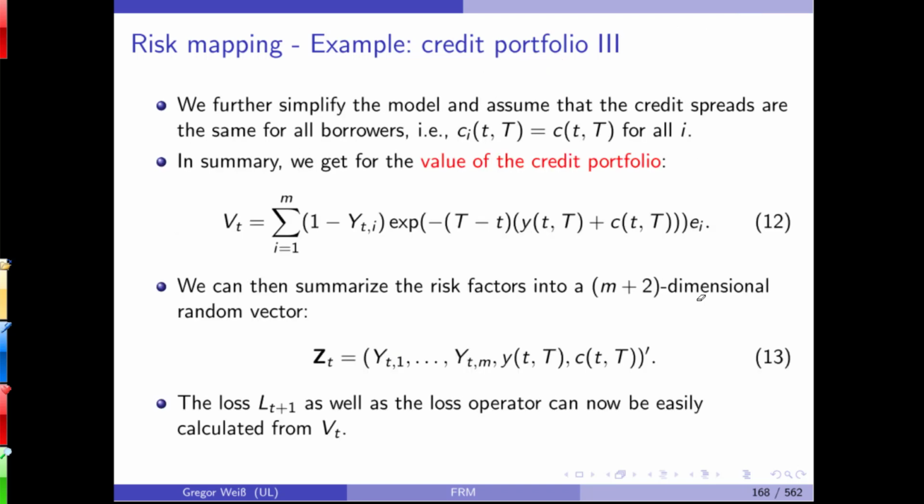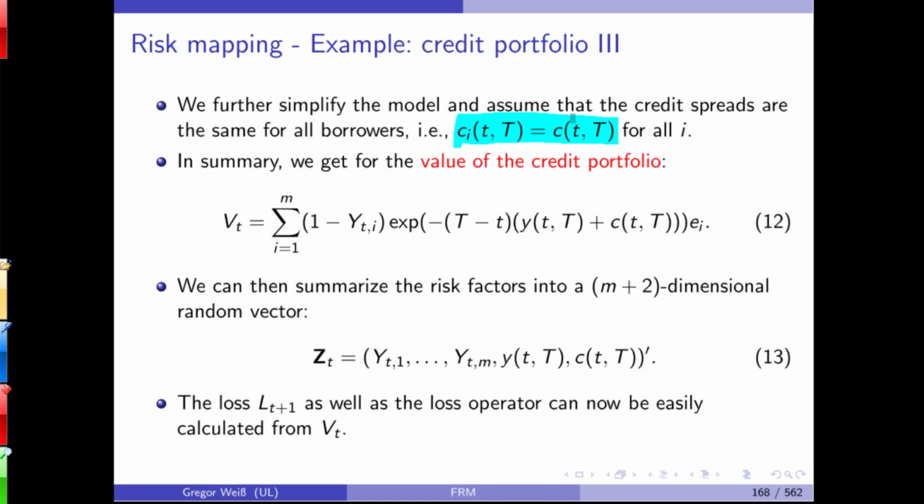Okay, next. We further simplify this model and assume that we have a homogeneous portfolio where the default probability is equal across all borrowers. That is, the credit spreads are all identical.